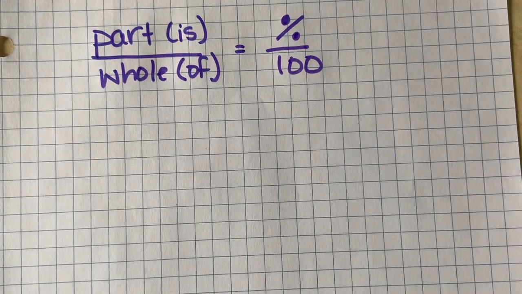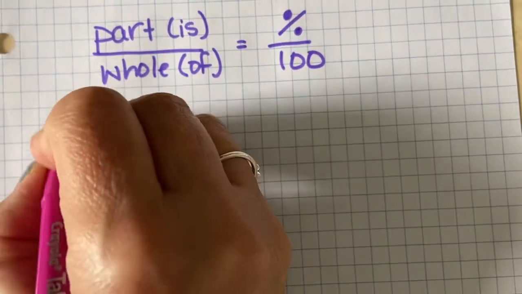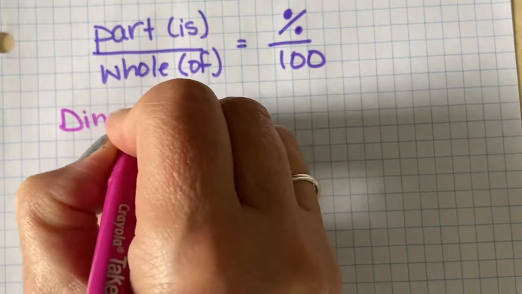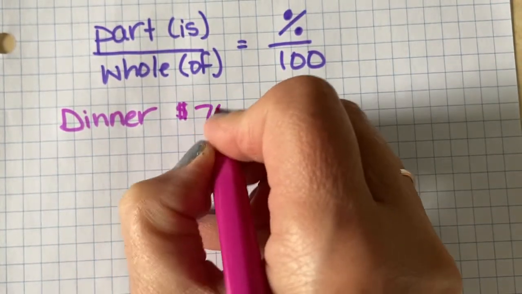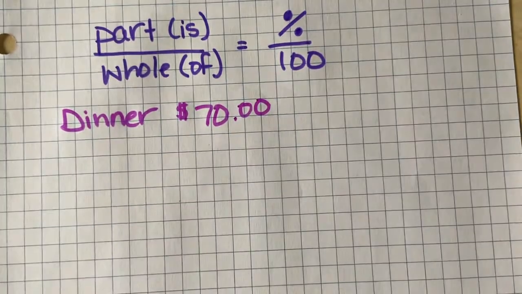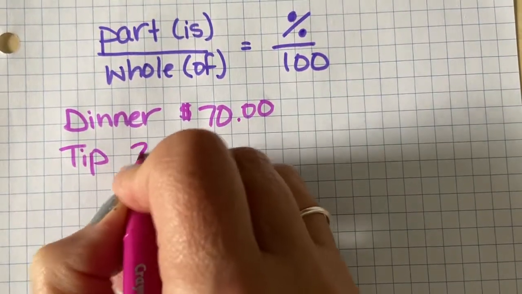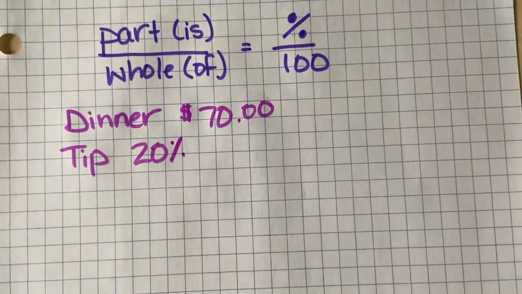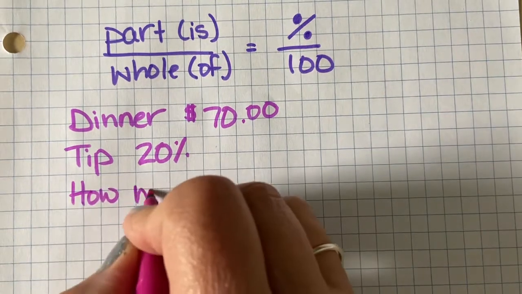Well, let's say that we're talking about a tip. We're going to go out to dinner, and the dinner was $70, okay? We want to leave a tip that is 20%, okay? And I want to know how much should the tip be.